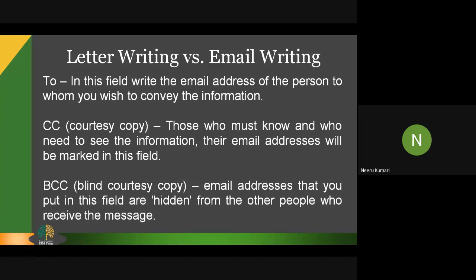So keep this in your mind that whenever you are sharing it with a large number of people, say 100 people the same information, for example, you are organizing a freshers party and you want to invite everyone, you cannot write all the students' email addresses in the To segment. So what are you going to do? You're going to mark it in BCC.